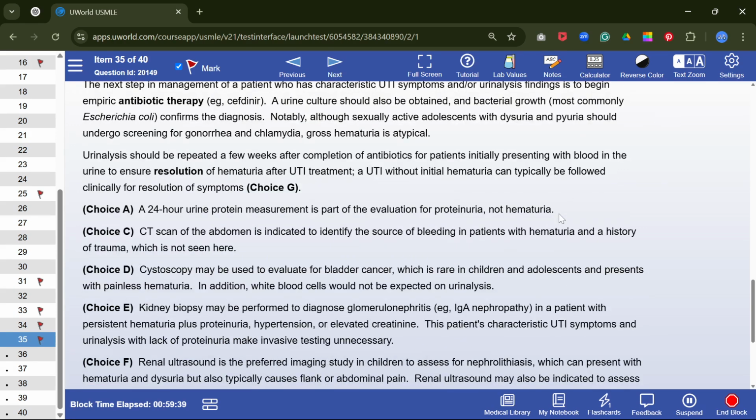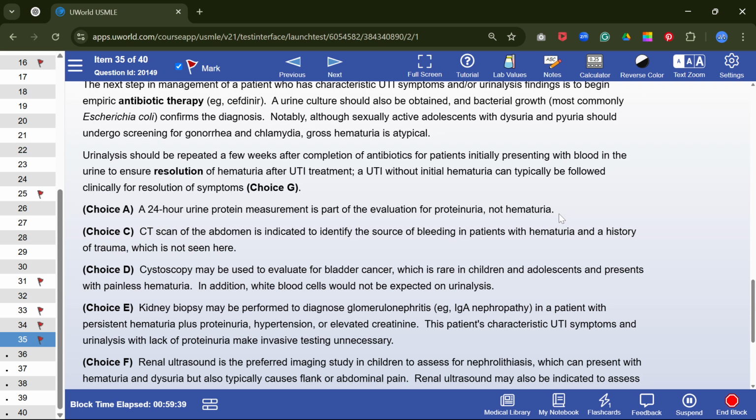CT scan of the abdomen is indicated to identify the source of bleeding with hematuria and a history of trauma, which is not seen here. Cystoscopy may be used to evaluate for bladder cancer, which is rare in children and adolescents, and in patients with painless hematuria.